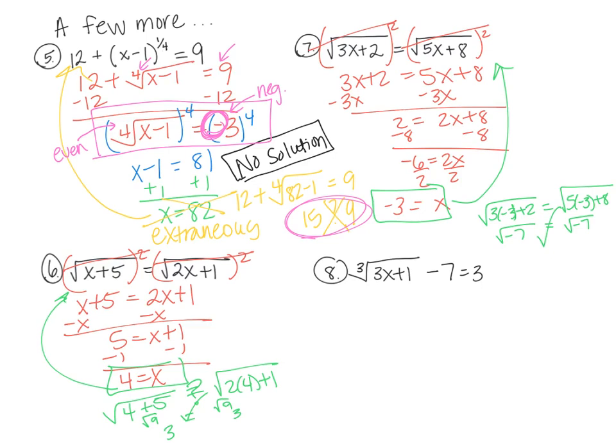So last one. I'm going to isolate my radical. I'm going to get rid of that cubed root by cubing both sides.